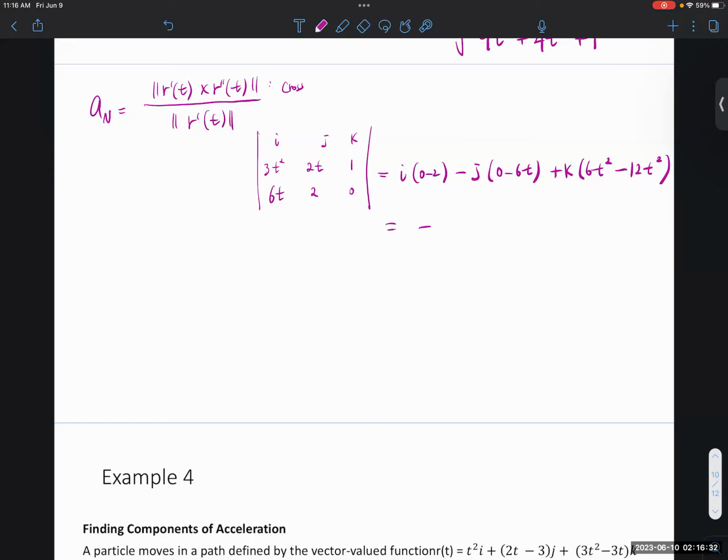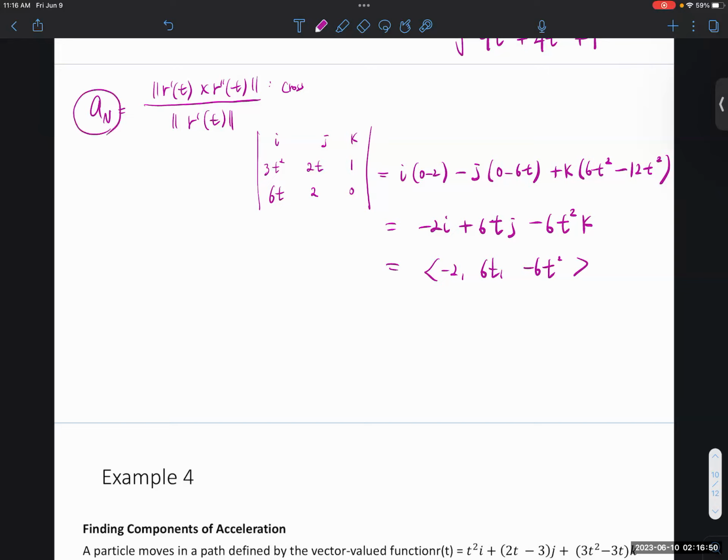So therefore, minus 2i plus 6tj minus 6t squared k. So this is going to be (-2, 6t, -6t squared). That's the cross product.